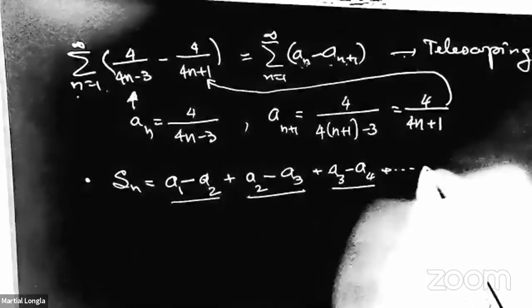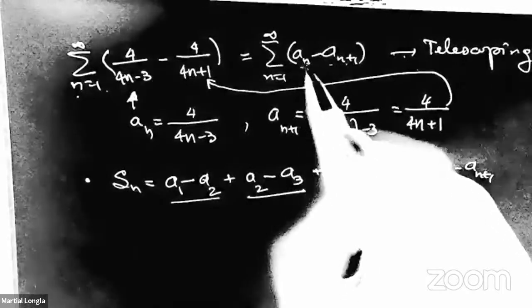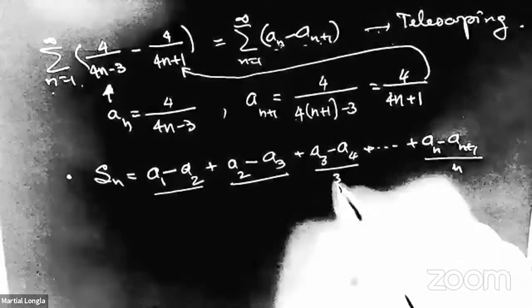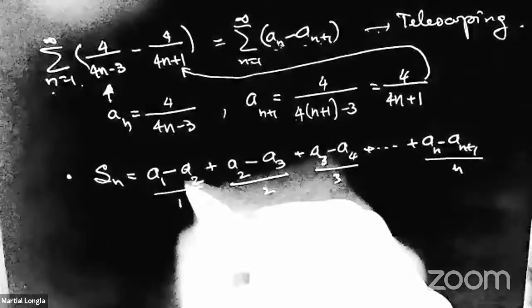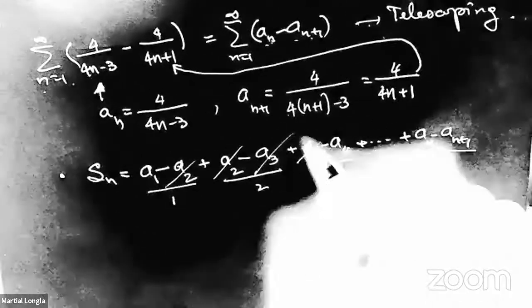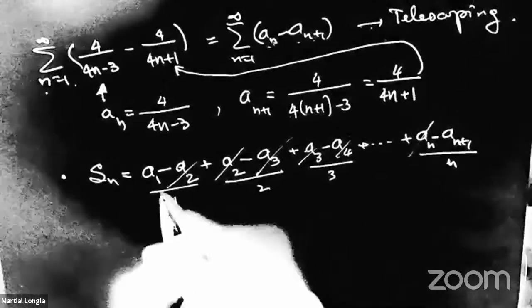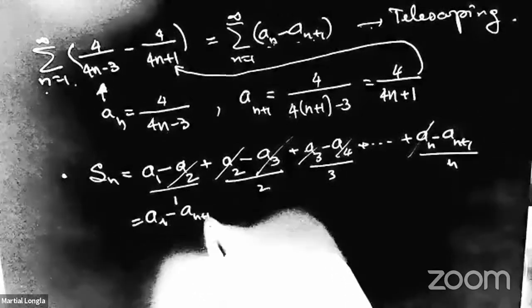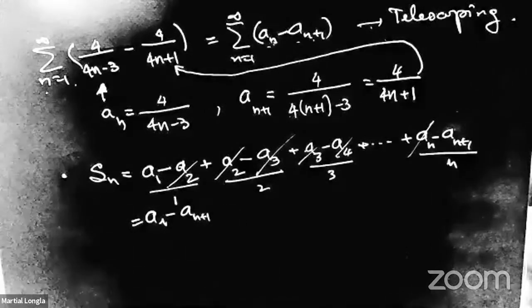And then it will continue, and the nth term will be an minus an plus 1 as written in the formula. Now you can see that things cancel. A2 cancels a2, a3 cancels a3, a4 cancels the next one, and the an here cancels the previous one. So you're left with a1 minus an plus 1. And please watch the video of the lecture that we had on this. This same formula is derived there.